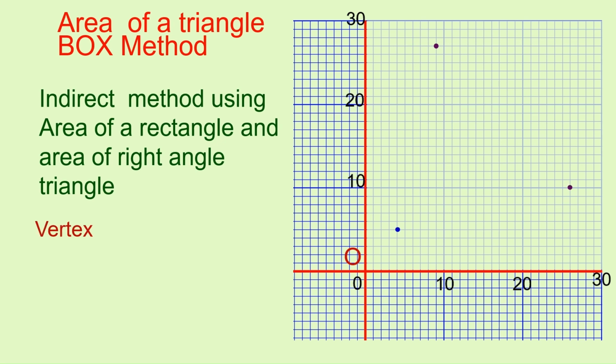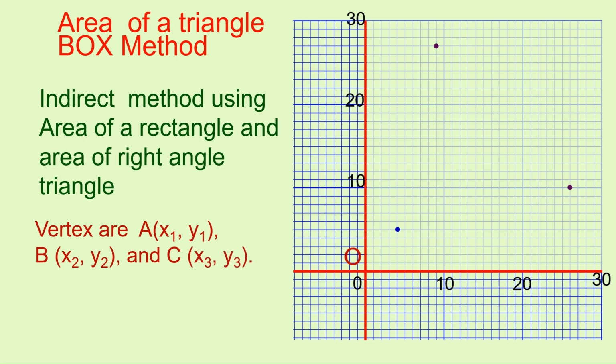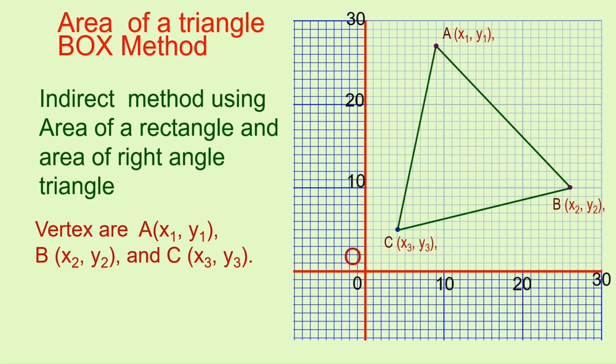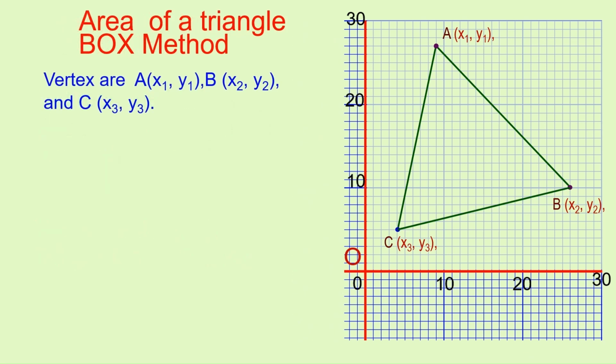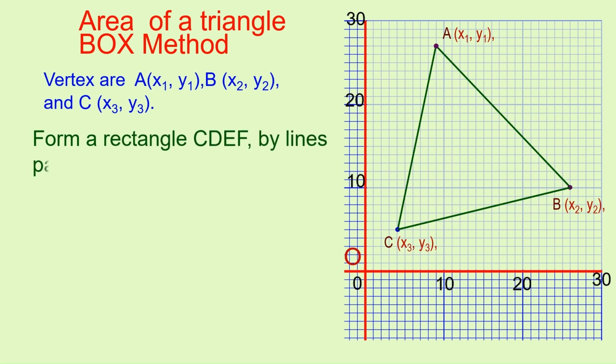Let the coordinates of a triangle be A (x1, y1), B (x2, y2), and C (x3, y3).